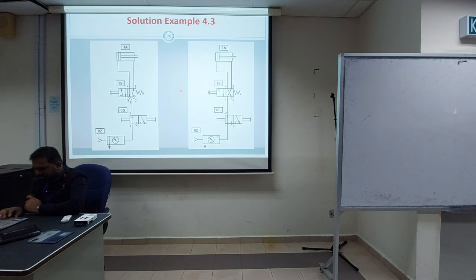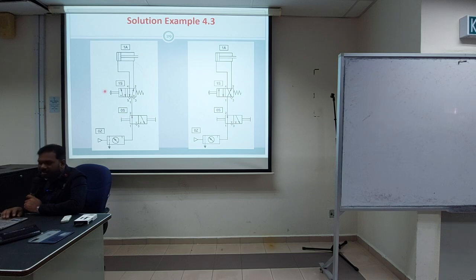Okay, so you can see, direct control, you can design two ways. It depends on the valve that you are using. So this valve, what is the name of this valve?